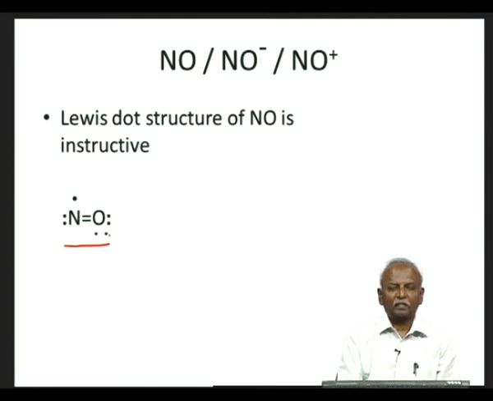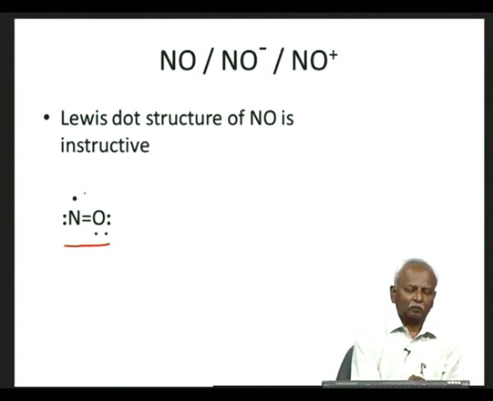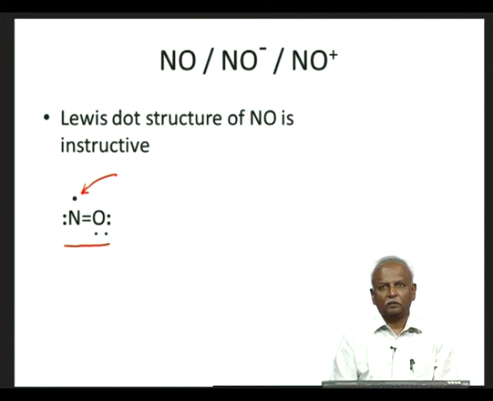You will notice that nitrogen has got less than an octet, it has got 7 electrons, and oxygen has an octet in this particular Lewis dot structure. So, nevertheless, this is the best resonance form that we can get, and we notice that the single electron that is there on NO is localized on nitrogen.